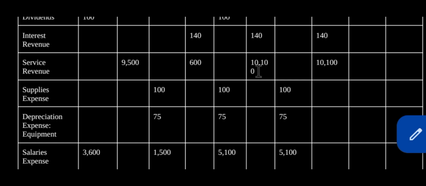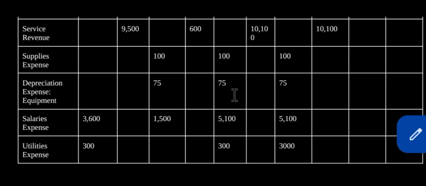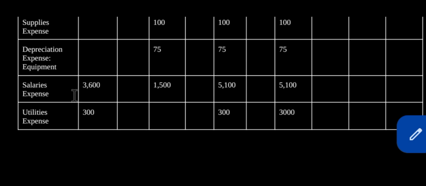So they both have same side, 9,500 plus 600. So we have here 10,100. Next, for the supplies, we have 100. Still copy paste it. Same goes to depreciation expense, equipment 75. Copy paste it.